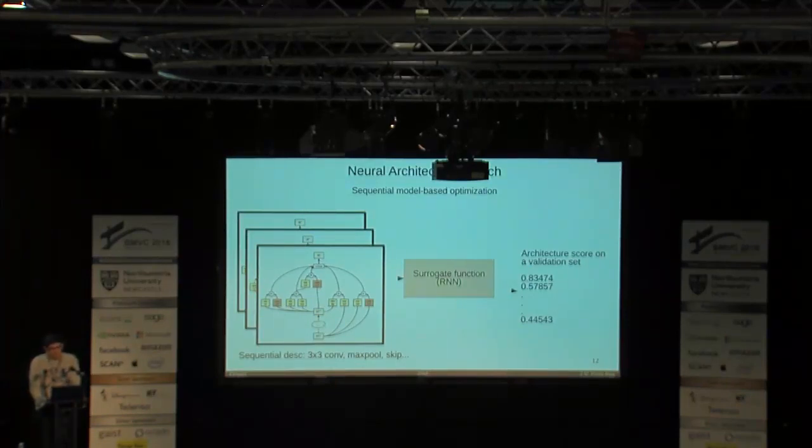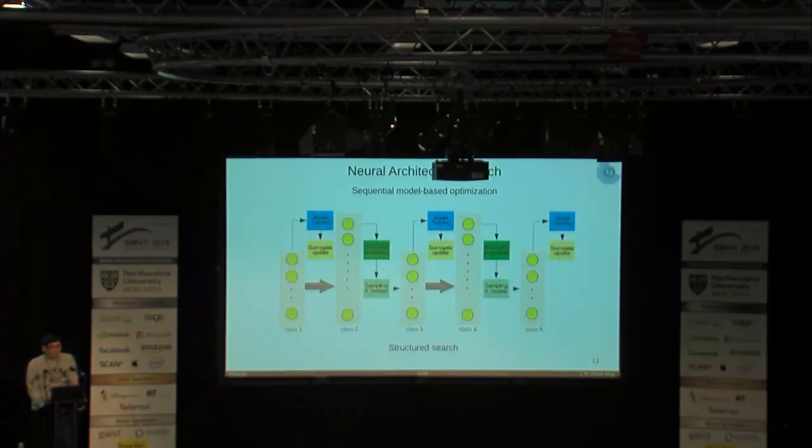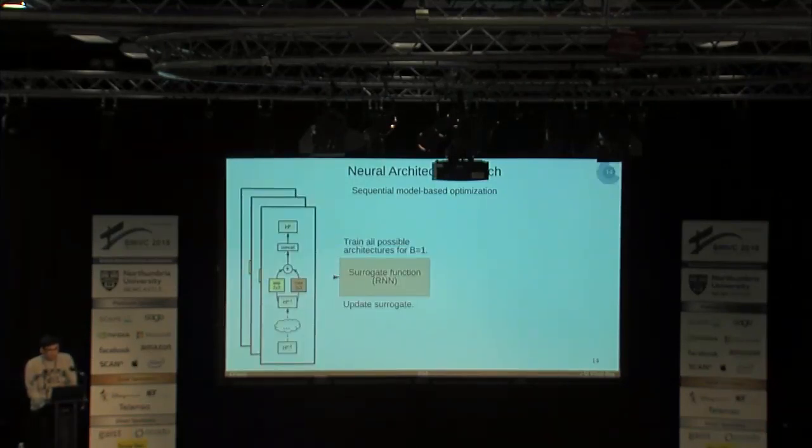The input of the surrogate function is a sequential description of the neural network or the block that I was talking about before, and the output is the score. Supposing that you have something like this, then you can explore the search space in a progressive manner. Maybe this is the algorithm, but it's better to explain it with a small example here.